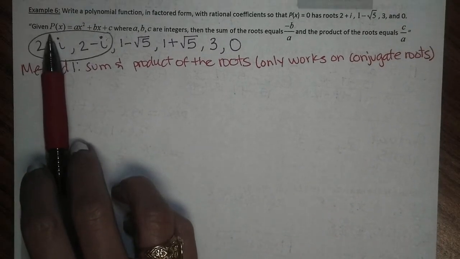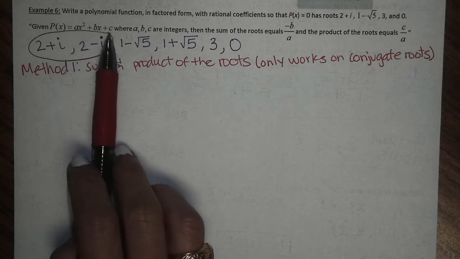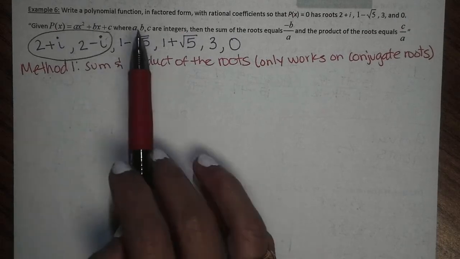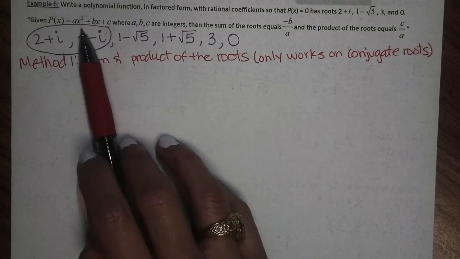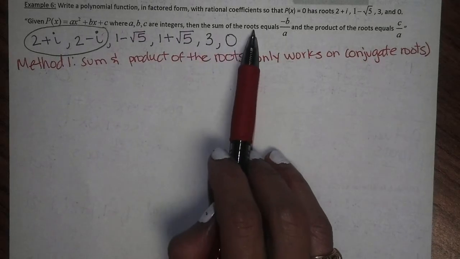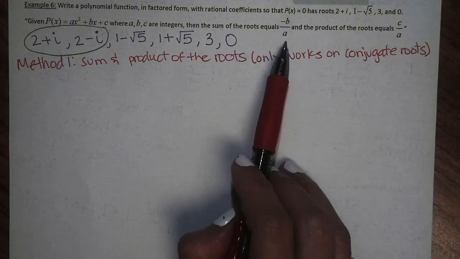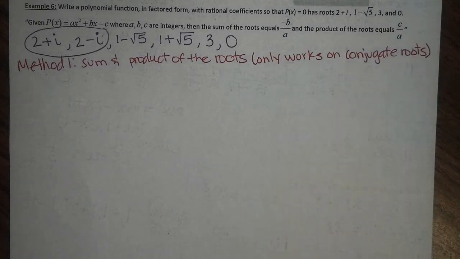I wrote it here. It says, given that ax squared plus bx plus c is your polynomial, a, b, and c are integers, then this is a quadratic polynomial, so the sum of the 2 roots is going to equal negative b over a, and the product of the 2 roots is going to equal c over a. So let's just do it.